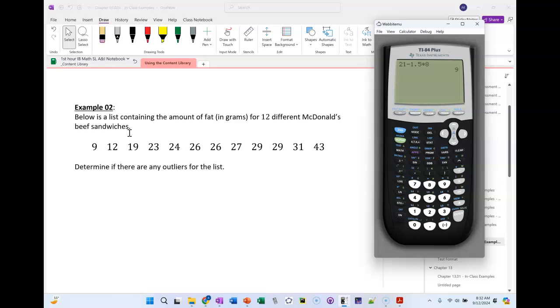Nope, there's one sandwich exactly at 9, but it must be strictly less. Now let's check above. 29 was my Q3. So I do Q3 plus 1.5 times IQR, and that's 41. Do we see anything above 41 on our list? Yup! So what's my outlier? 43. Everybody's cool?